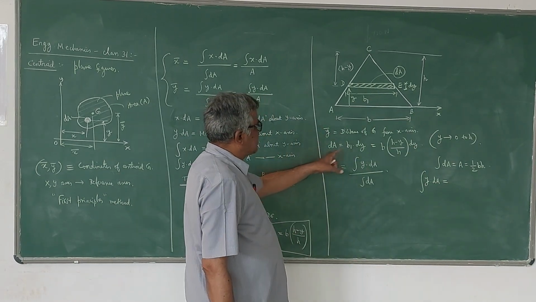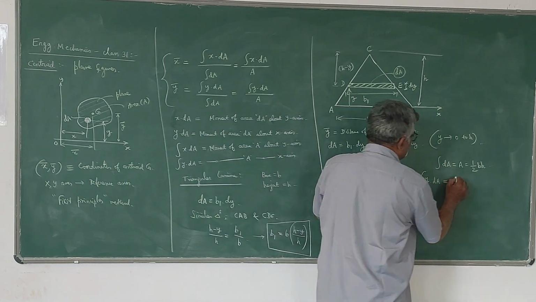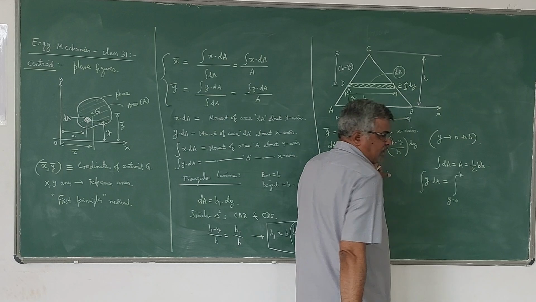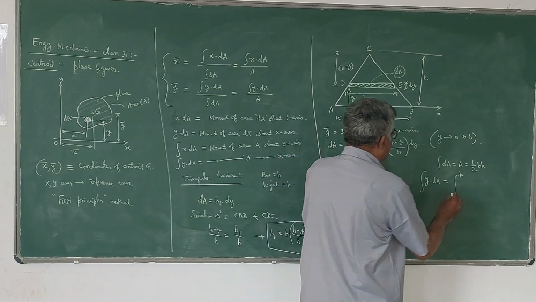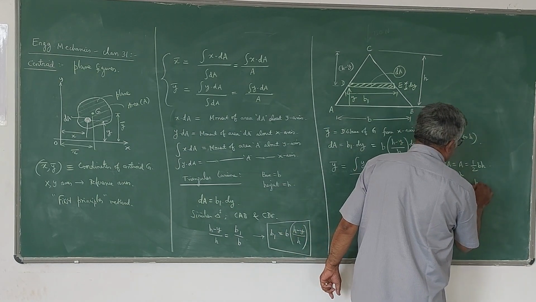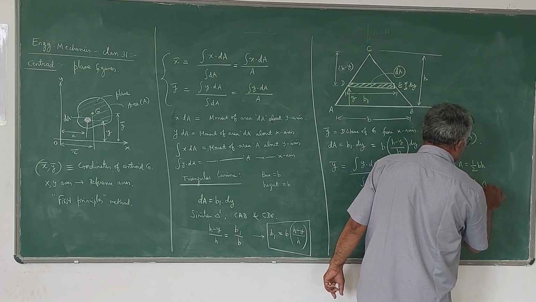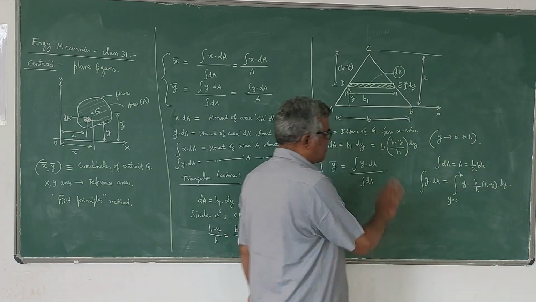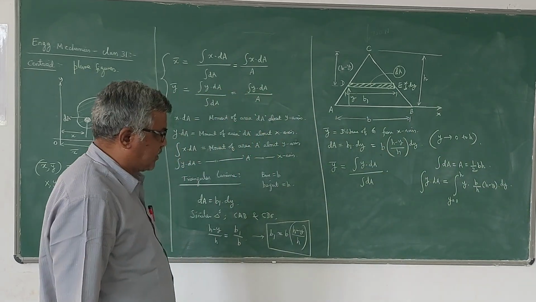now dA is this, so I can write the integral, y varying from 0 to h, a definite integral, y into dA, which is b by h into h minus y dy. I have just substituted for b1.